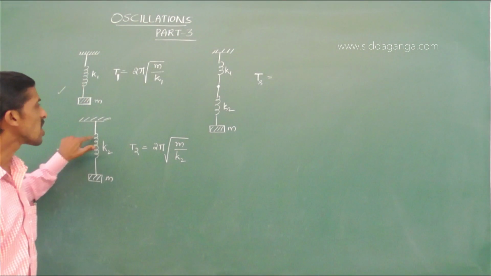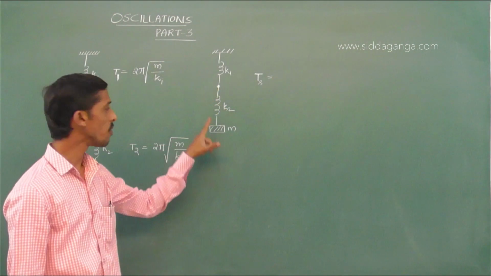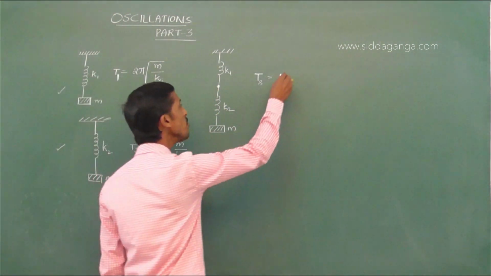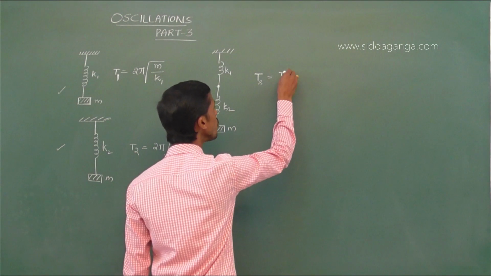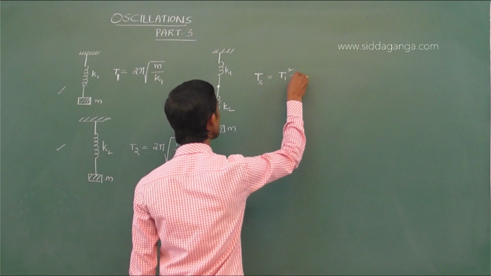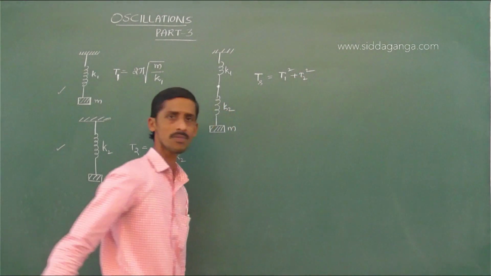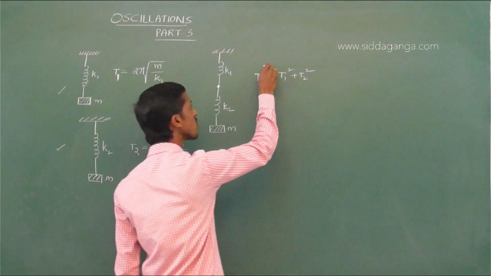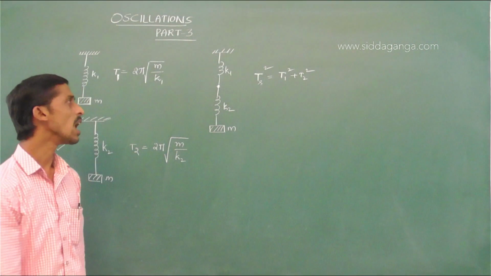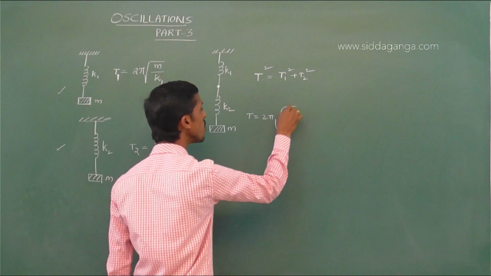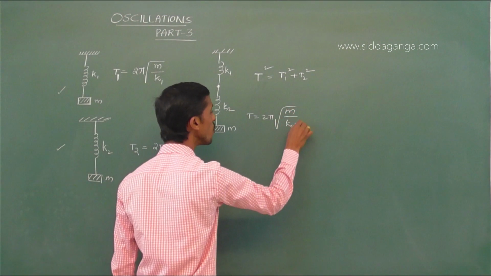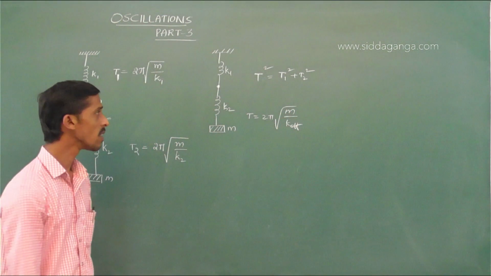If both the springs are connected in series for the same load, the time period can be written in terms of T1 and T2: Ts square is equal to T1 square plus T2 square. Here Ts is 2π root of 1 by K effective, that is Ks.